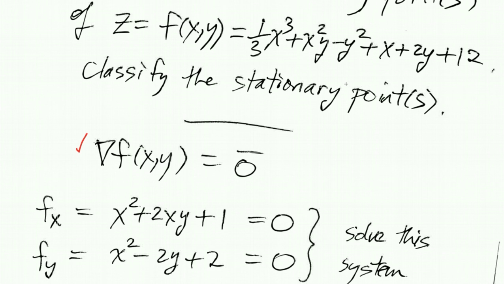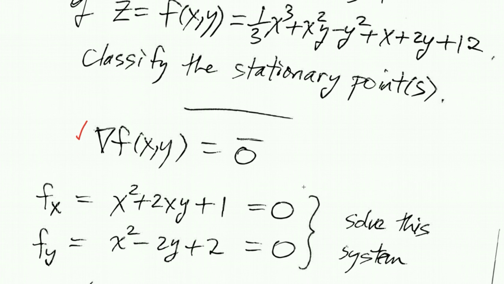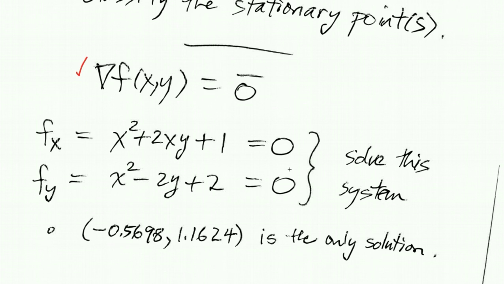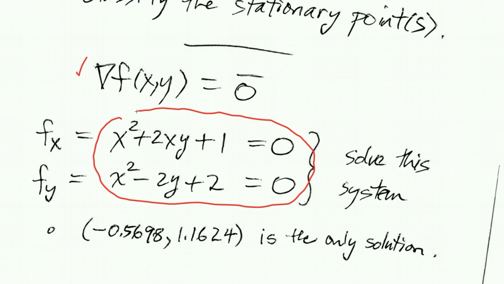And we're setting those both equal to 0, and we need to solve this system of two equations in two unknowns. There are various techniques we might use here, but what I did was graph each of these on Desmos. I hope you know how to do that. If you don't, I might show you sometime. Graph each of those on Desmos, and then find the points of intersection. It's very easy to do.